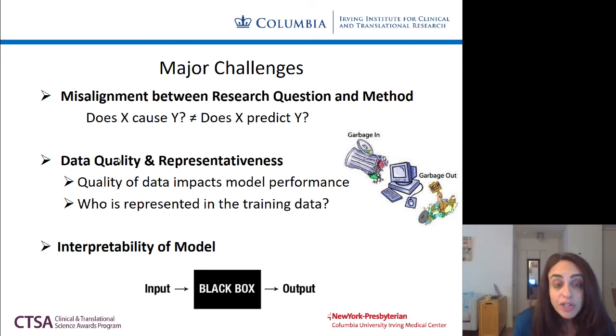This is why you'll often hear people talking about the need to constantly monitor and evaluate the models over time to make sure there's no drift, to make sure they're working in the way that they were before. A lot of that depends upon interpretability, right? Knowing what the model is doing and why, and how it could potentially change based on its implementation. So again, all of these things are challenges you want to think about before you start your analysis, while you're in the analysis, and then as you're interpreting results.